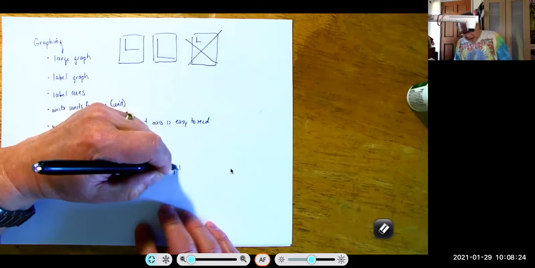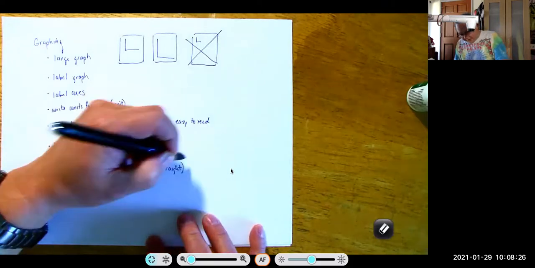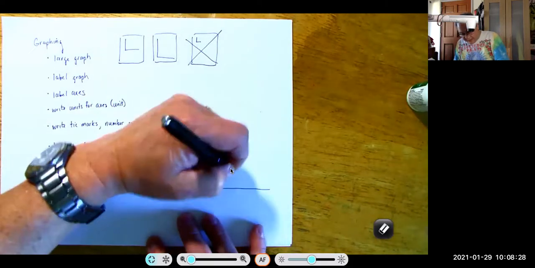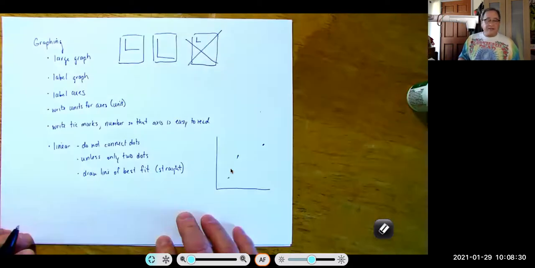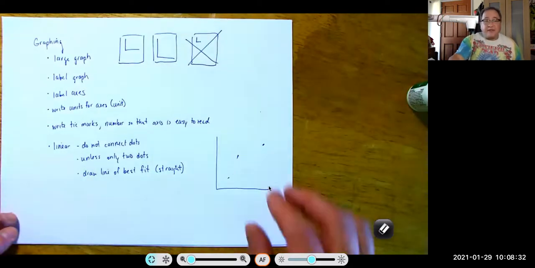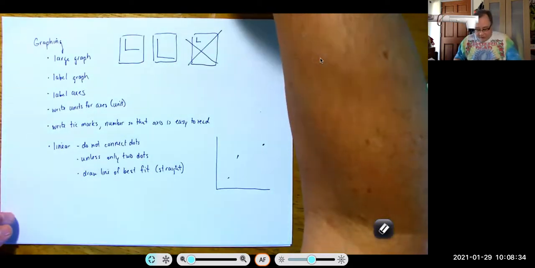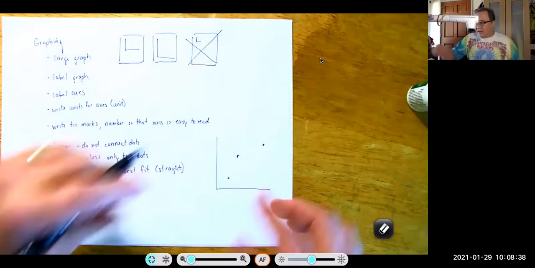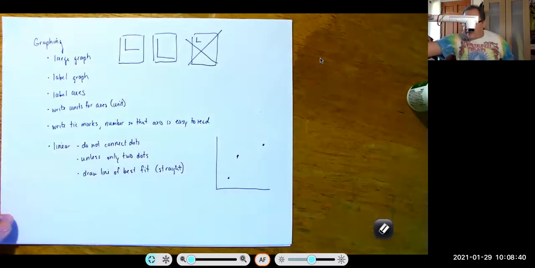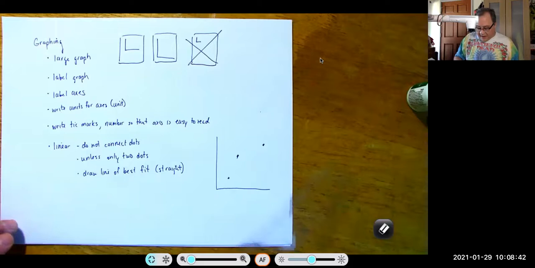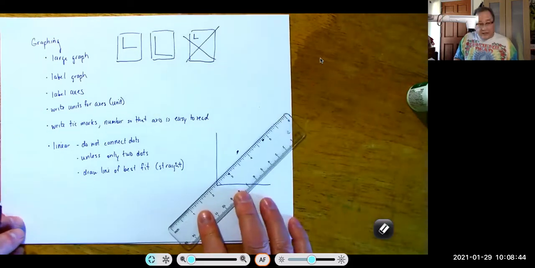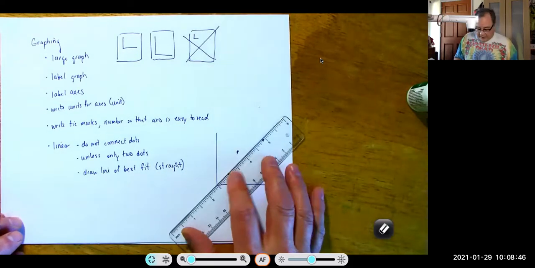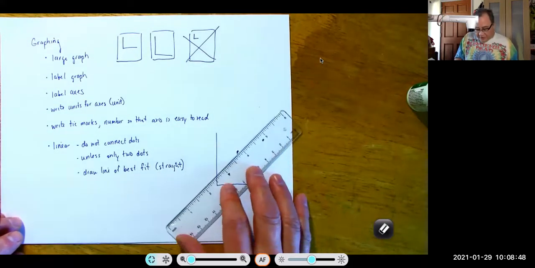So let's say that we have a graph that looks like this, and I know my hand's in the way, but let's say we have a graph like this, and it doesn't matter how you draw it in your notes, but you can see that the three dots don't line up. And this is especially why I like these clear rulers, is that I can see the dots underneath the ruler.